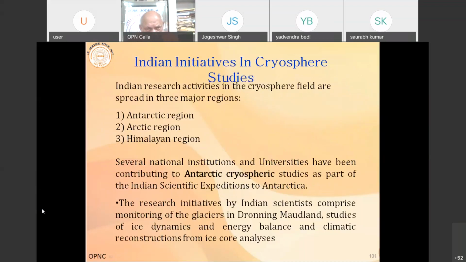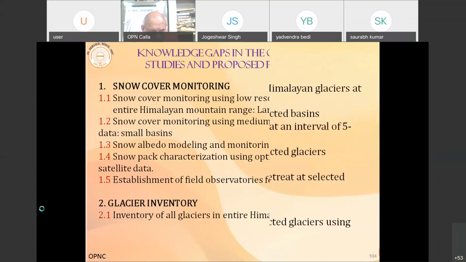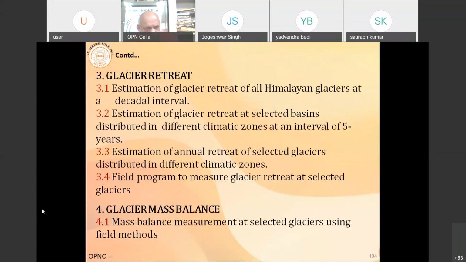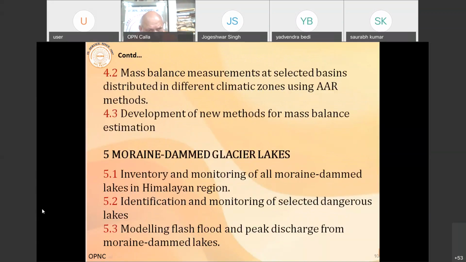The areas where we try to study the cryosphere are the Antarctic region, then snow cover monitoring, glacier inventory, glacier retreat, glacier mass balance, moraine glacier lakes, where we find out where the lakes are.